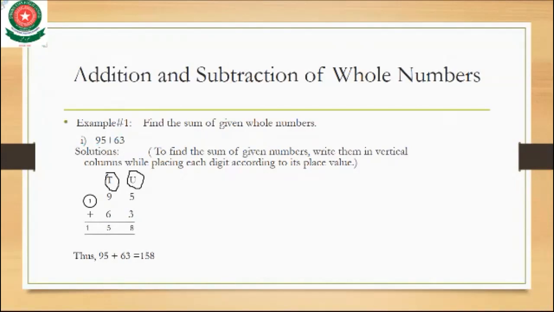You will write the 9 and then 5. Below the unit you will write 5, the most right digit, and then you will write the left digit in the tens place.